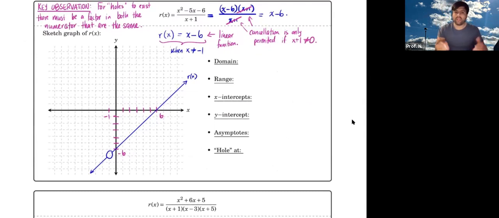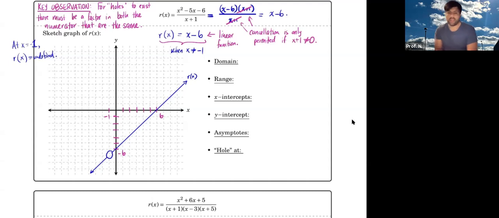If x equals -1, we say there exists a hole because there is nothing that I can plug in at -1, because I get 0 in the numerator and the denominator. So that's no good. Because of that, at x equals -1, r of x is undefined.